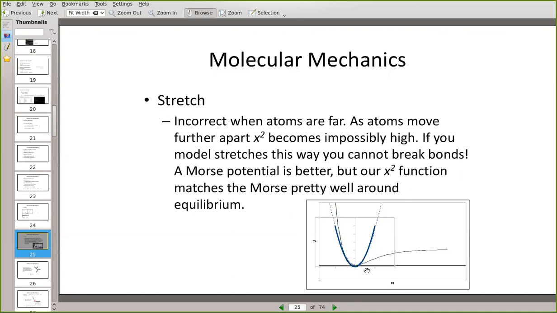And so dealing with a bond as a spring is fine if you're not too far away from equilibrium. And certainly it's going to force, in your model, all of your atoms to be close to equilibrium bond lengths. Okay.